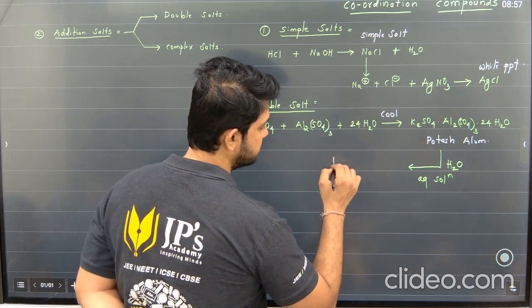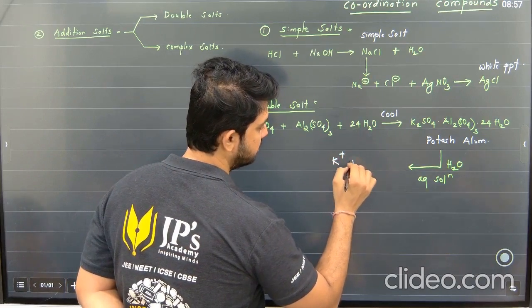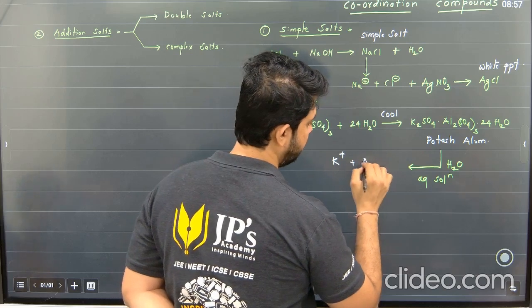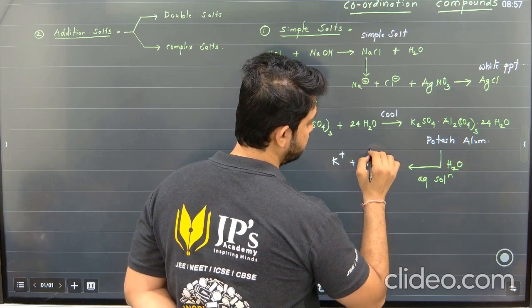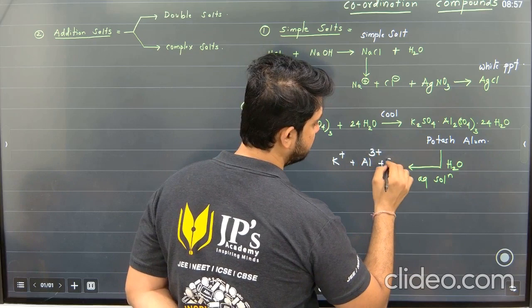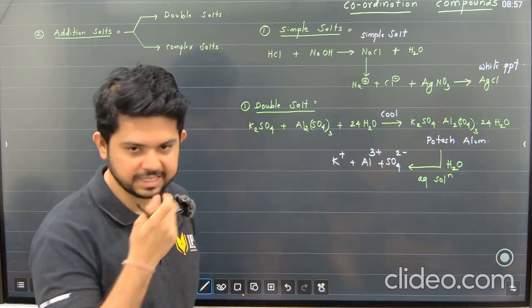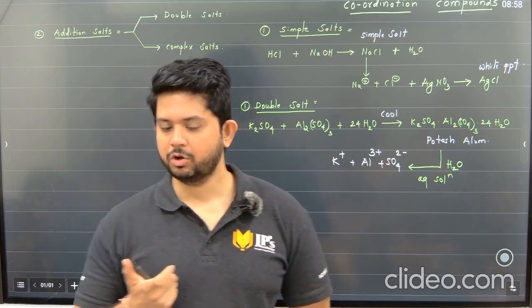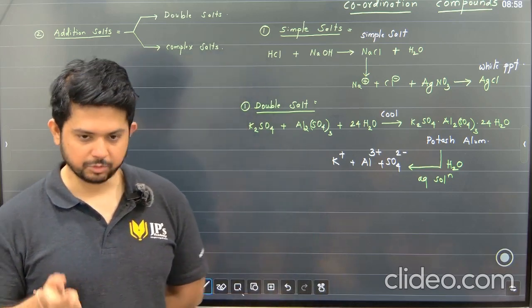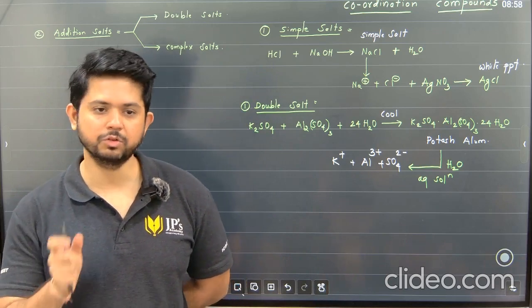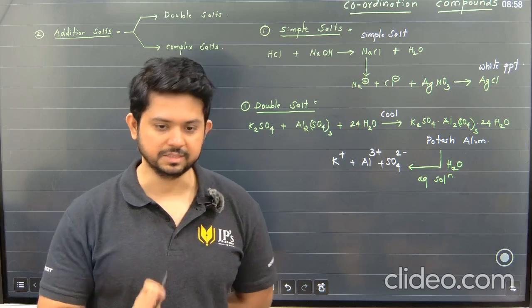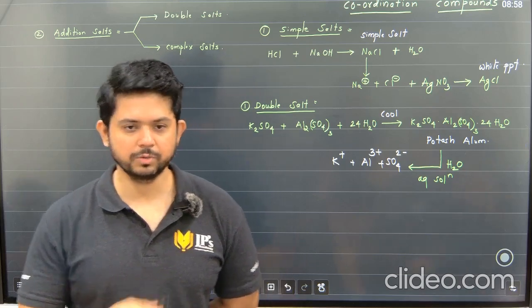There will be K plus and Al3 plus and SO4 2 minus. So basically a salt or a double salt in its aqueous solution will show properties of its constituent ions. What are the constituent ions in potash alum?